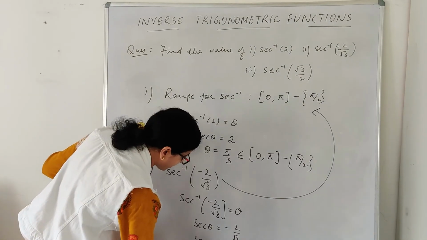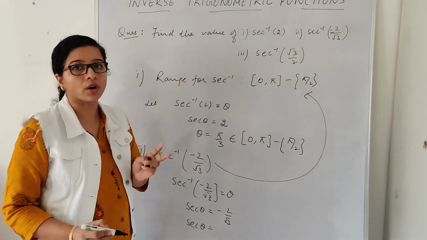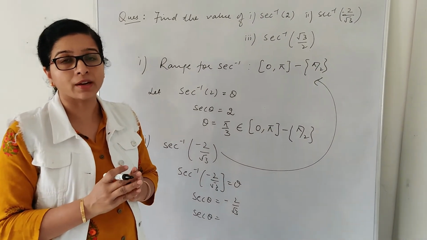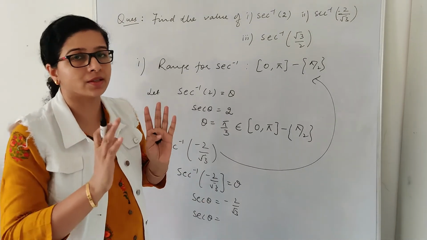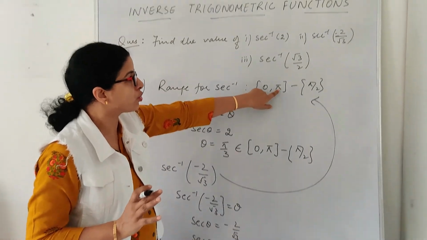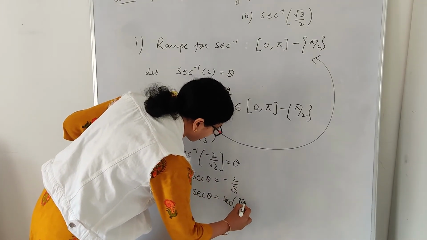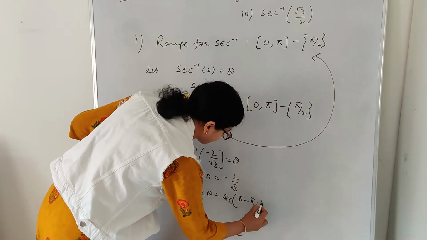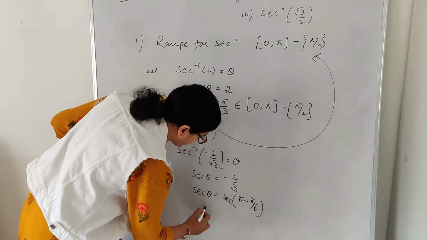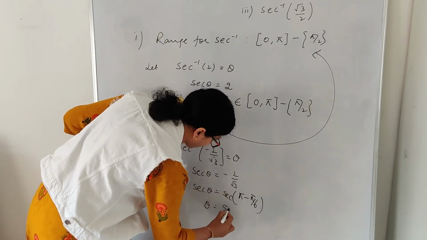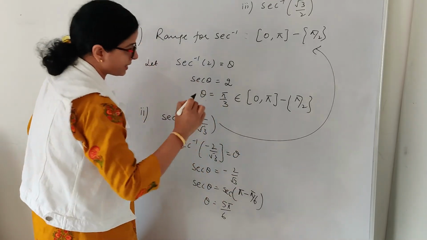It is similar to cos. Whenever it was negative, what are we using? Pi minus. Always remember 0 to pi minus. So secant pi minus pi by 6, and what you are getting is theta equal to 5 pi by 6.